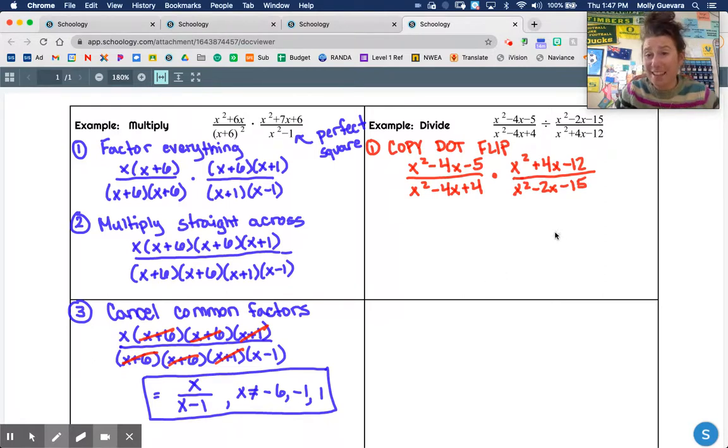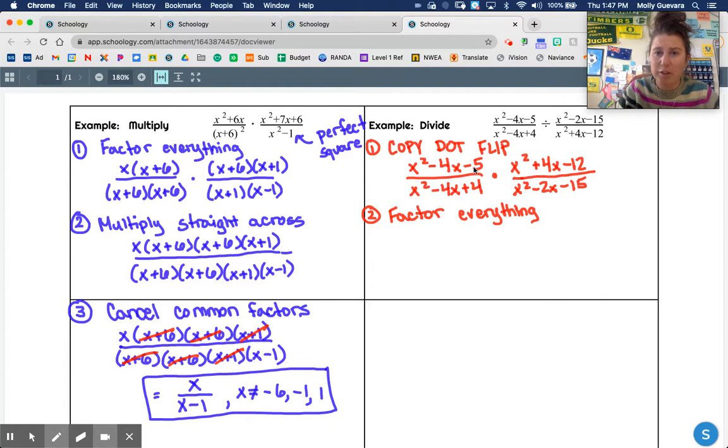And then after that, it's exactly the same as what we just did. So then the next step would be to factor. I have to factor everything. So I'm going to go through this and factor it.